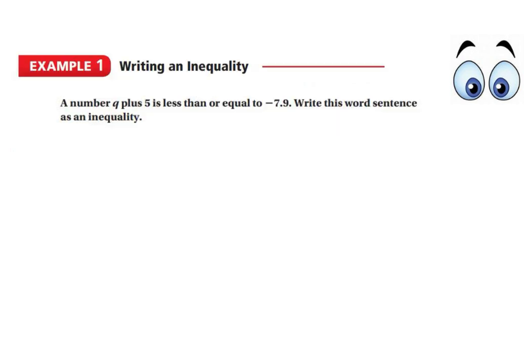A number q plus 5 is less than or equal to negative 7.9. Write this word sentence as an inequality. So let's break this down.